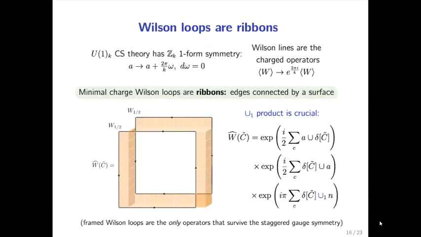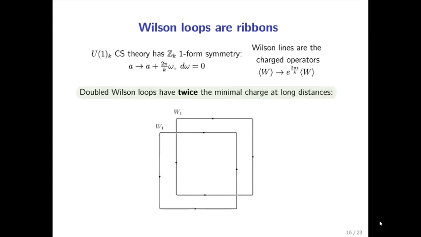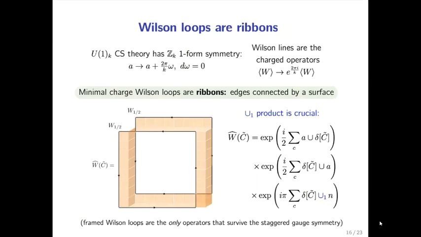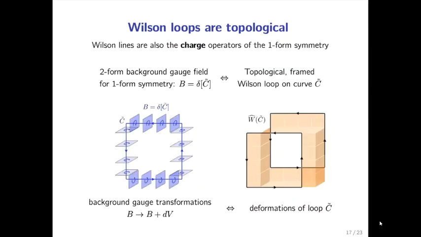So you do a minimal coupling to this background one-form gauge field. Essentially that means you replace n by n plus 1 over k b. And when you do that, you find that you precisely get this type of term. So you'll have a b coupled to n. Great, thank you. Right. Okay.